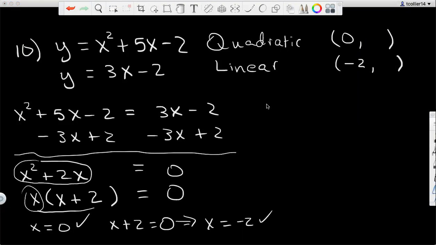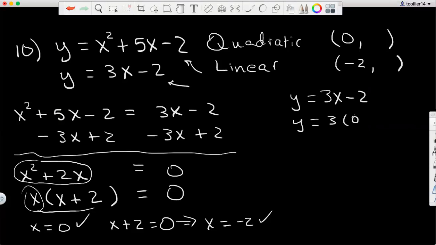Okay, so I can plug back into whichever equation I want, either the top or the bottom. It doesn't matter. Let's choose the bottom. y equals 3x minus 2. So my first x coordinate is going to be 0.